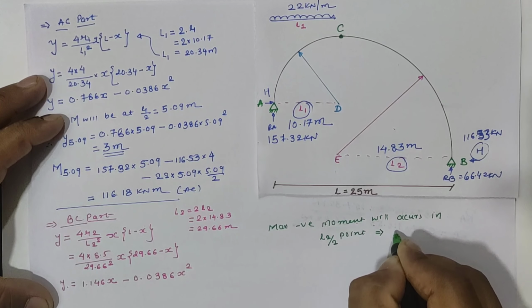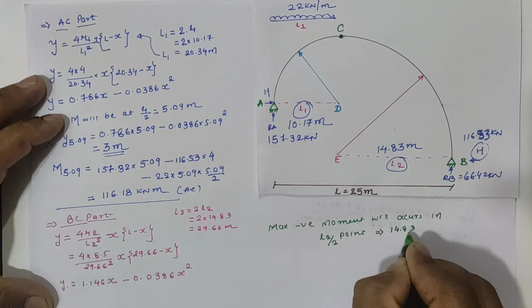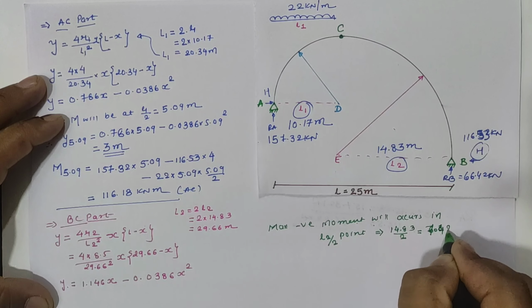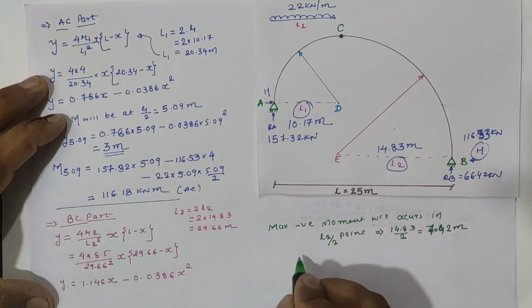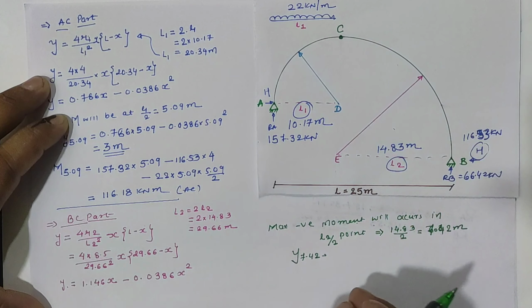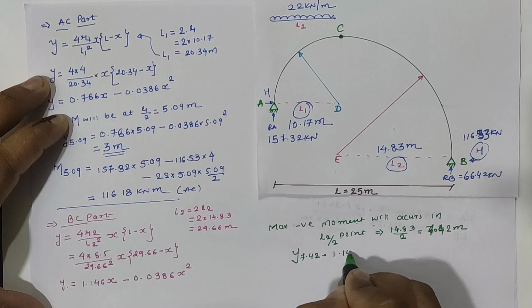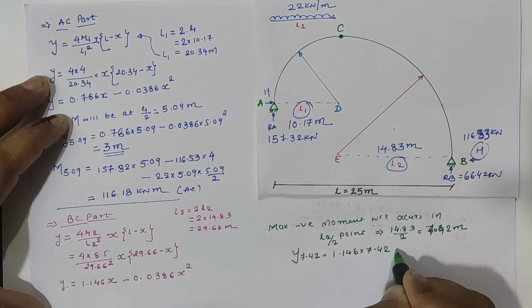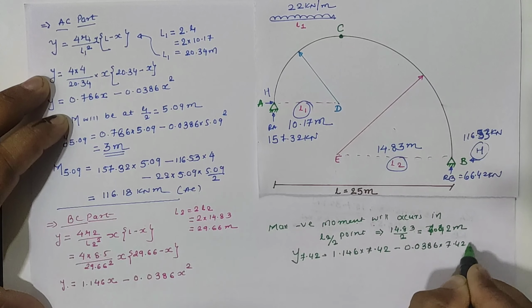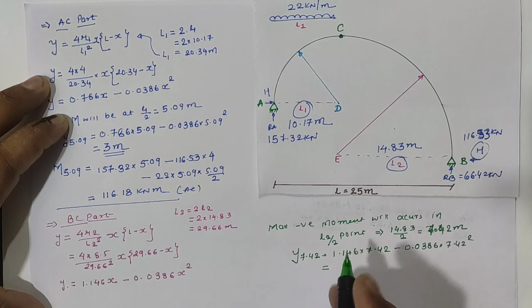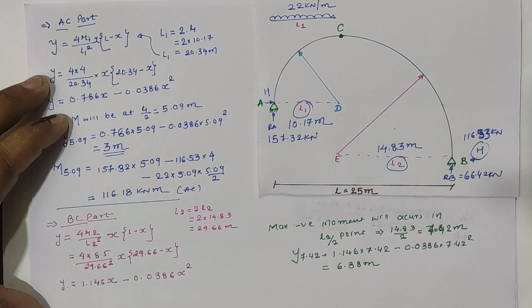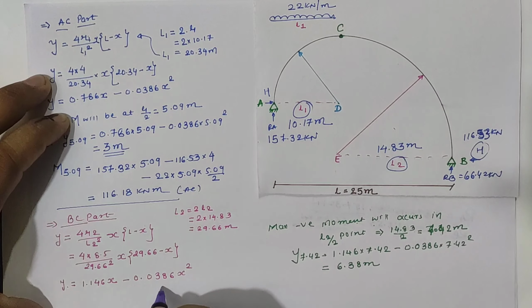It means at distance 14.83 divided by 2, which is equal to 7.42 meter. Now why 7.42? It means height of the point is equal to 1.146 into 7.42 minus 0.0386 into 7.42 square. Hence the value for vertical height is 6.38 meter.